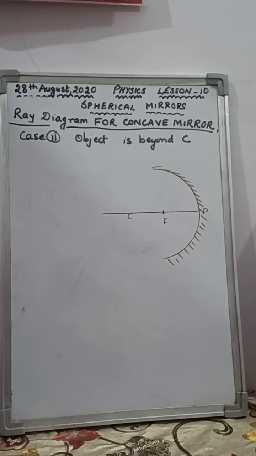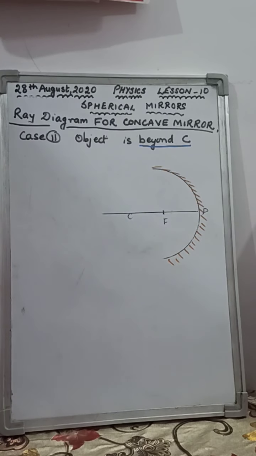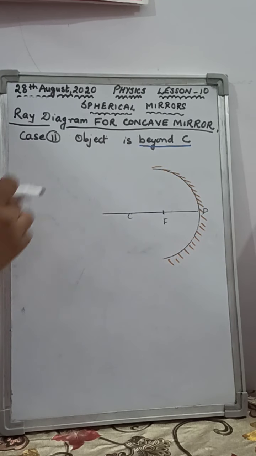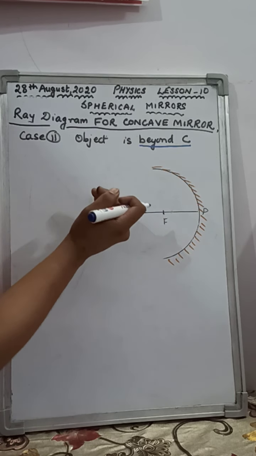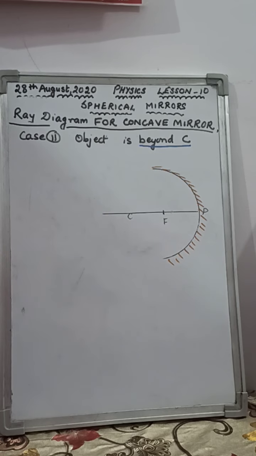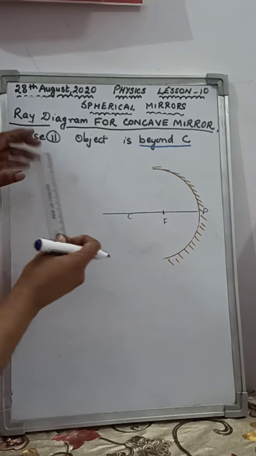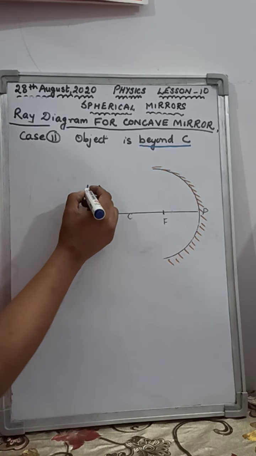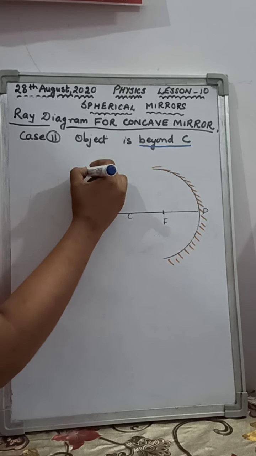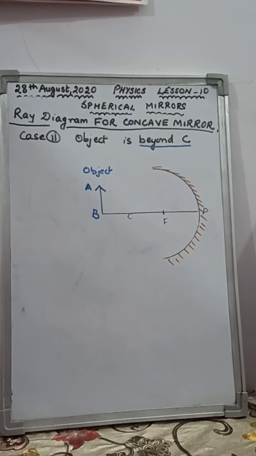Now case number 2, when the object is beyond C. Beyond C means beyond the center of curvature. Clear? Got it? So keep this in mind. So this is your object AB. This is beyond center of curvature.